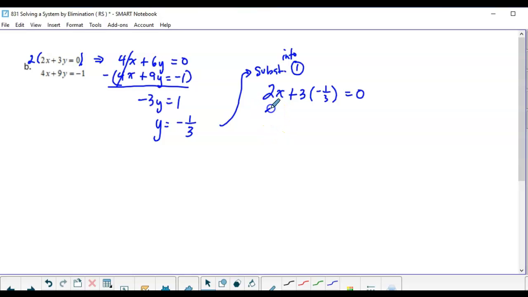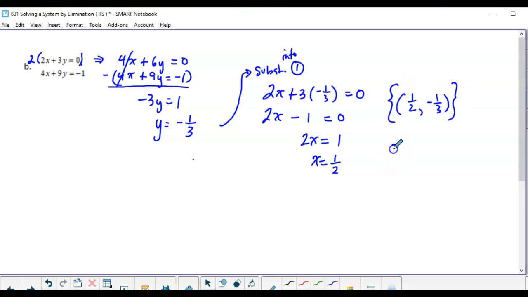And so now your solution is (1/2, negative 1/3). So that's as an ordered pair, or you can summarize it, x equals 1/2, y equals negative 1/3.